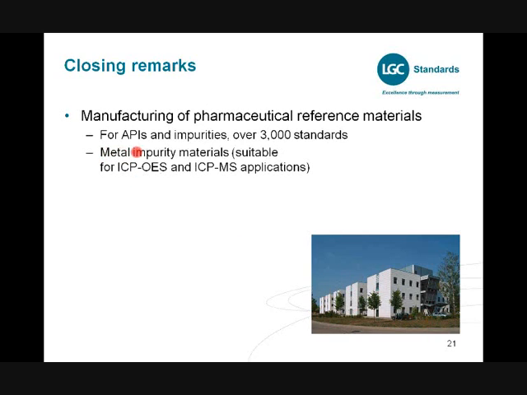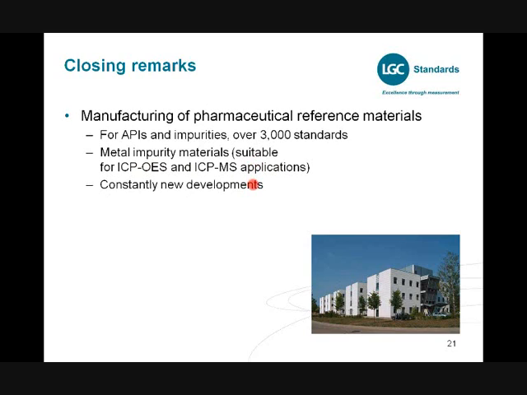We also have metal impurity materials available. They are suitable for ICP, OES and MS applications. We manufacture those in our premises in the United States of America, and our sister company there is the company VHG, which is providing materials and services for these applications as well.